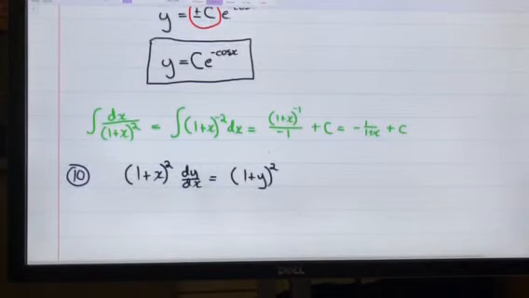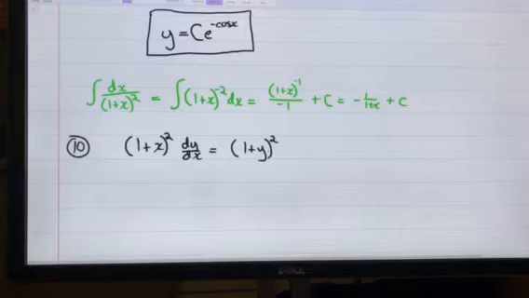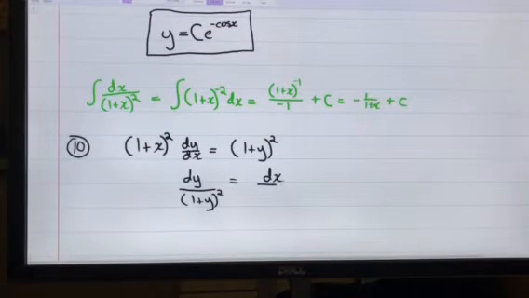Once again, we can separate the variables. So on one side, just rewriting, we have dy all over the square of 1 plus y is equal to, once we multiply by dx and divide by the square of 1 plus x, the following statement.